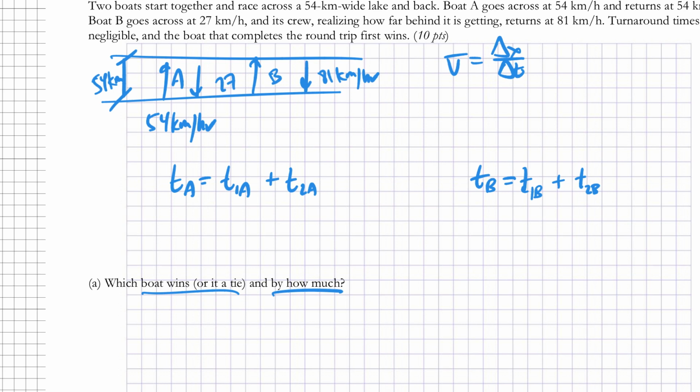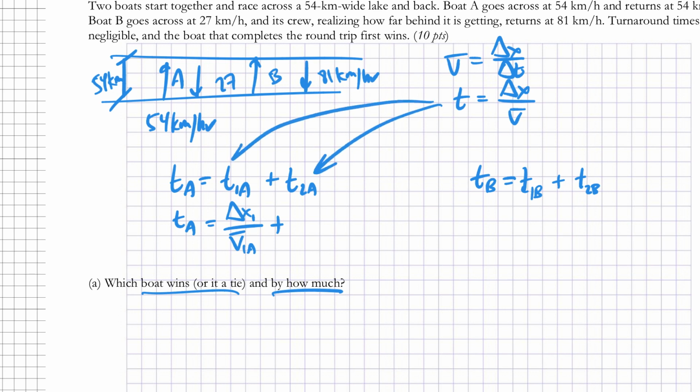Okay, so let's rearrange these, and I could say the time equals the displacement divided by the velocity. So for boat A, I can say that this is delta x1 divided by v bar 1A, boat A in direction 1. And then you will use this equation again right here. So we're just going to basically plug this equation in for all of these things, keeping in mind the distance and the boat, right?